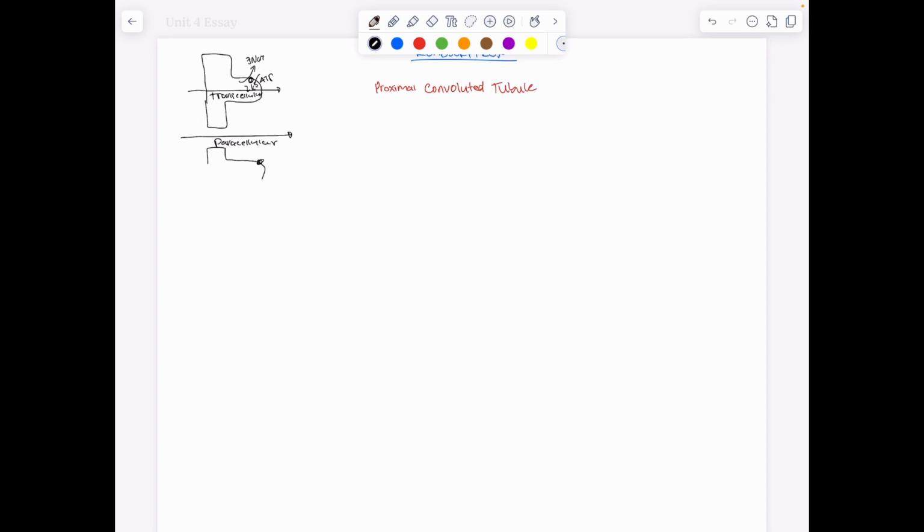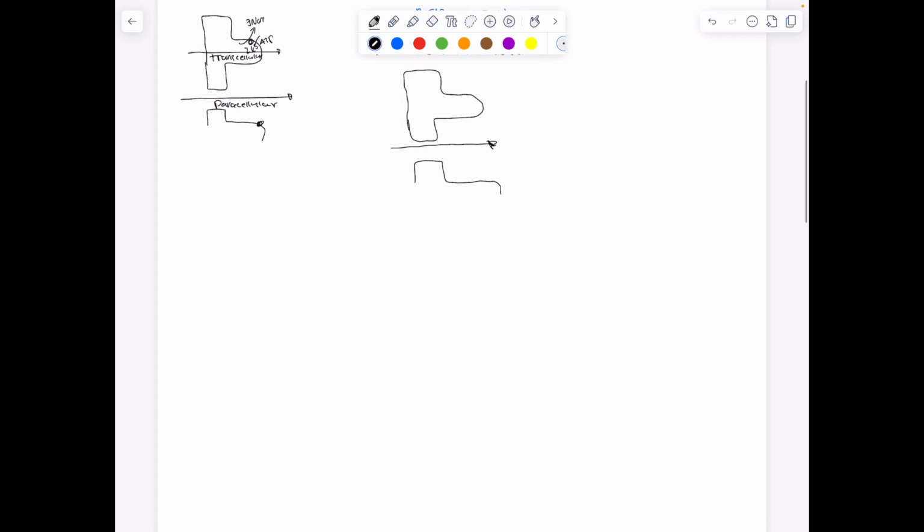And so I'm going to draw a cell, and then a partial one. These are all going to be happening on the same cell here.